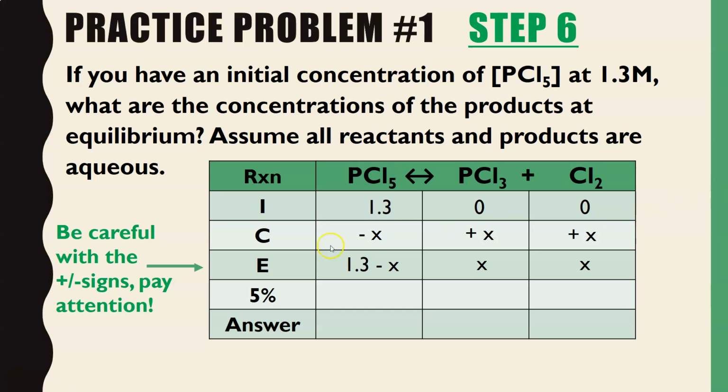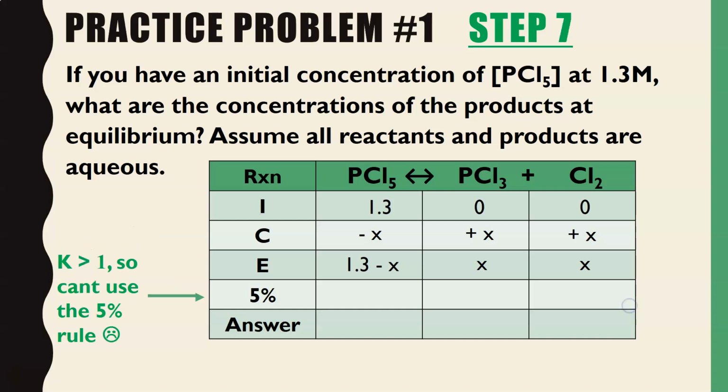All right. Now, there is a trick that we can sometimes use called the 5% rule. In order to use the 5% rule, you have to meet some conditions. This problem does not meet these conditions, okay? So we are not going to be able to use the 5% rule because our K value is greater than 1.